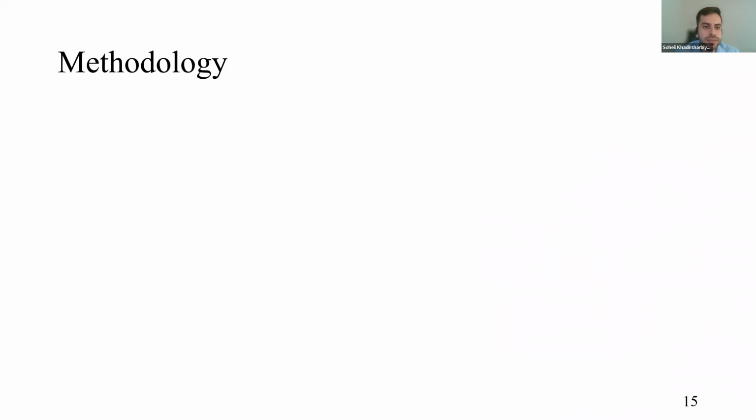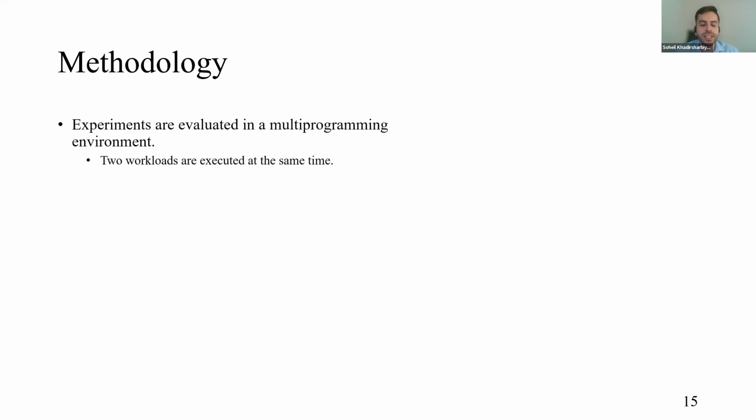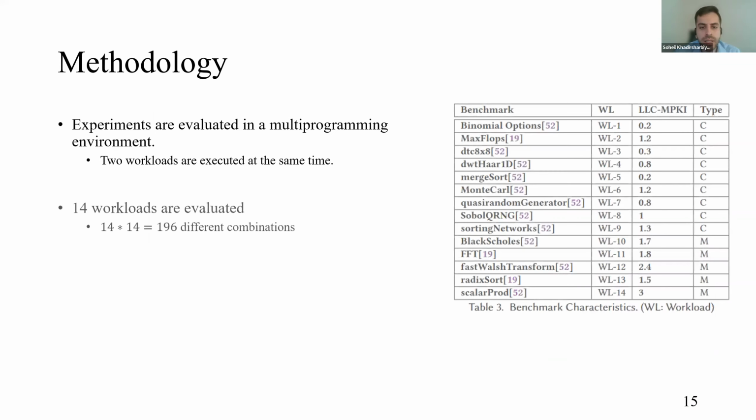The methodology that we use in this work is that the experiments are run in a multi-programming environment. For simplicity, we use 2 workloads that are executed at the same time. We use 14 workloads with higher footprints, and because we want to use 2 workloads, we have 196 different combinations.